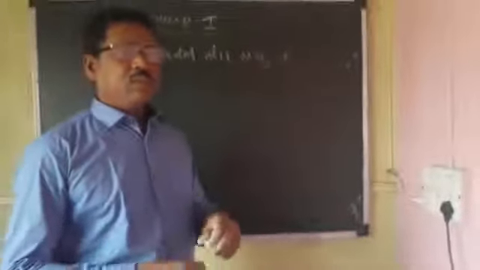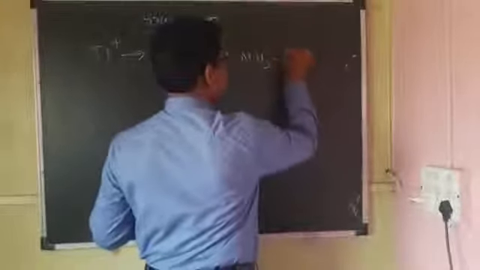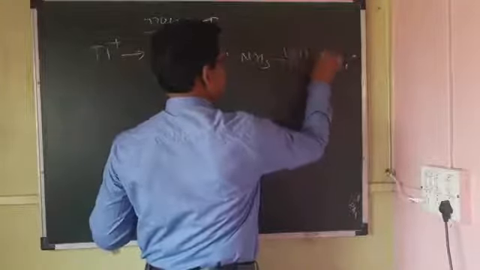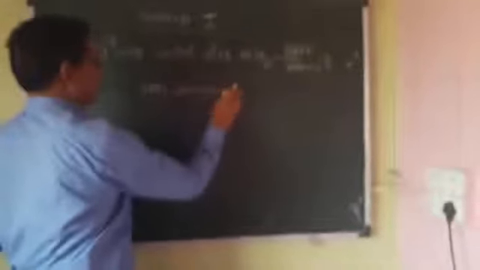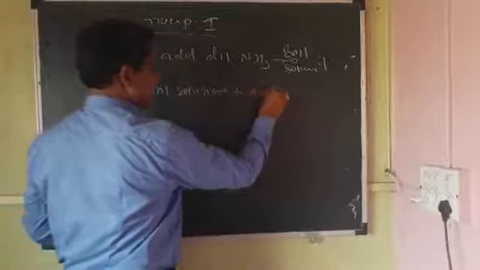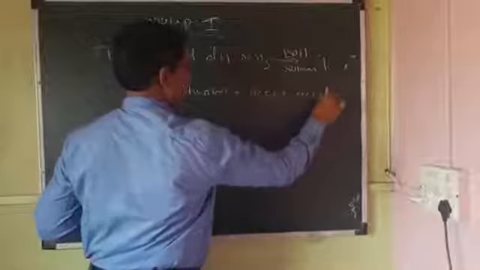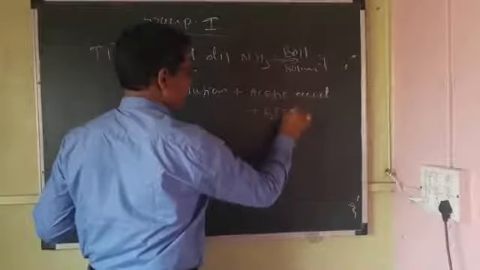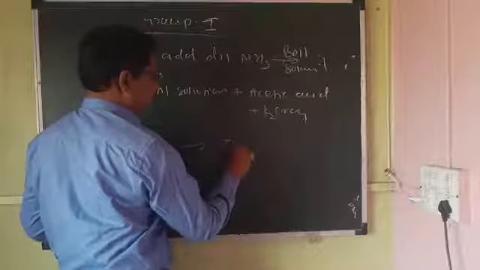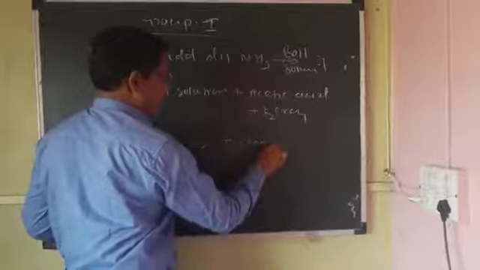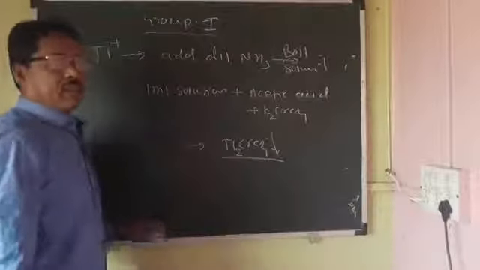Then take 1 ml of the solution in acidic medium, boil again, and use this solution for the identification of thallium. Use acetic acid and K2CrO4 to get the precipitate of thallium chromate, Tl2CrO4.